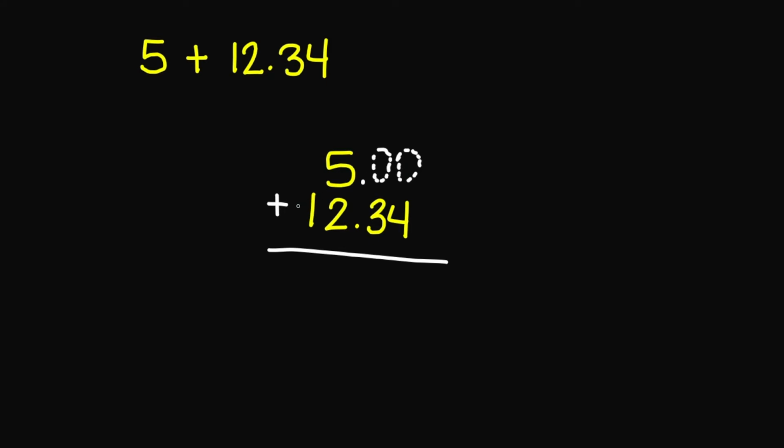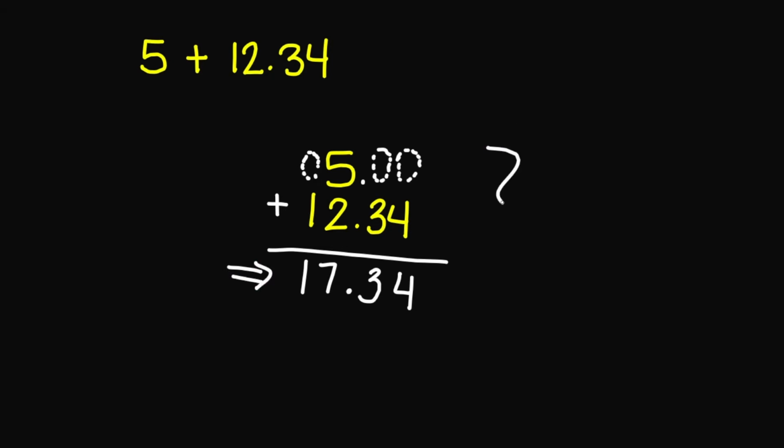Okay, now we're going to add. So 0 plus 4 is 4. 0 plus 3 is 3. Decimal plus decimal. So to remember, add your decimal. 5 plus 2 is 7. And then you also have an imaginary 0 here. So 0 plus 1 is going to be 1. So your final answer is 17.34. Okay.